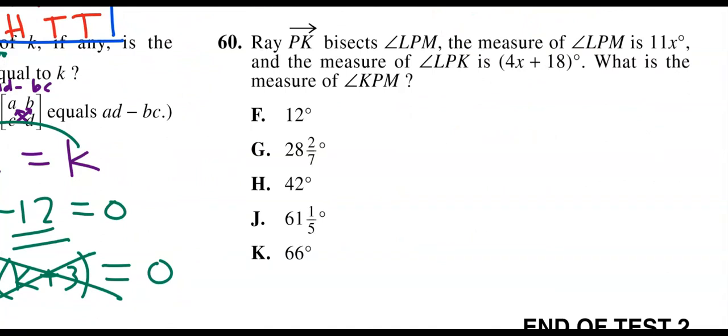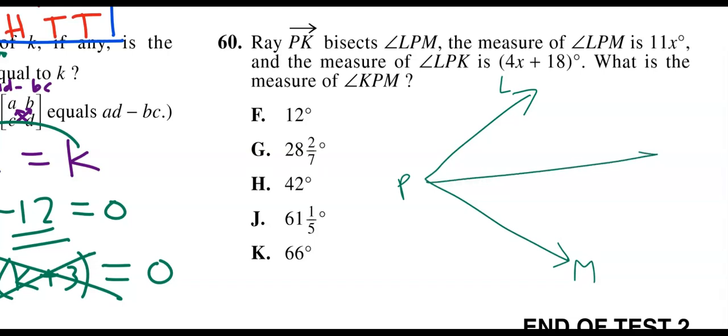Okay, ray PK bisects angle LPM. All right, so I'm just going to draw an angle. I might be completely wrong here. LPM, and PK bisects it. Okay, so that means this and this are the same.